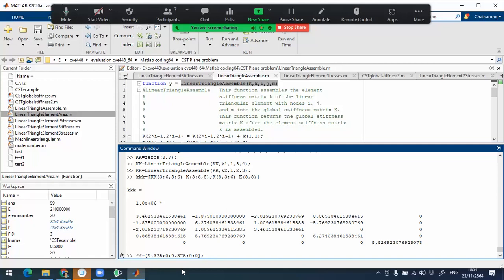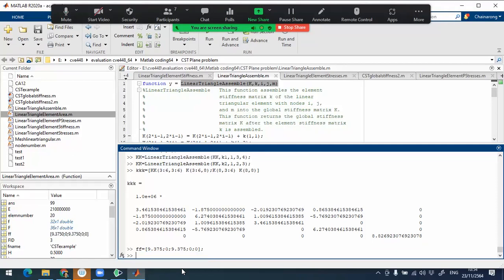So for this case, we add the force in the x direction of node number 4. And this is the force.